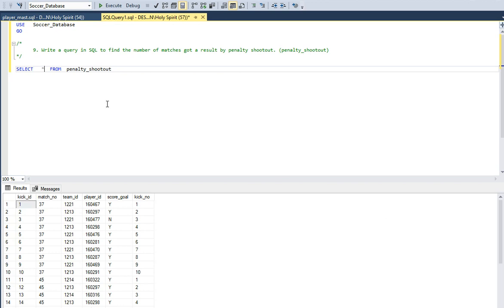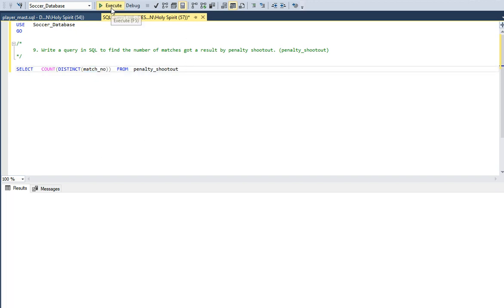Yeah, that's where the error is, it was showing. When I put star, there is no distinct, to be honest. There match number, probably we have to choose a column, not all of them. There we go.